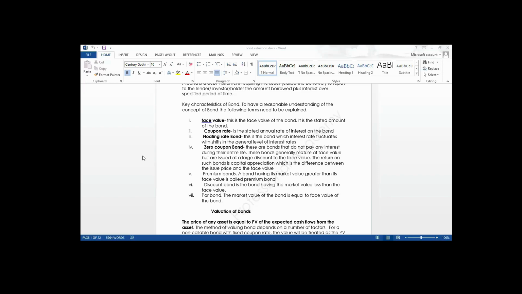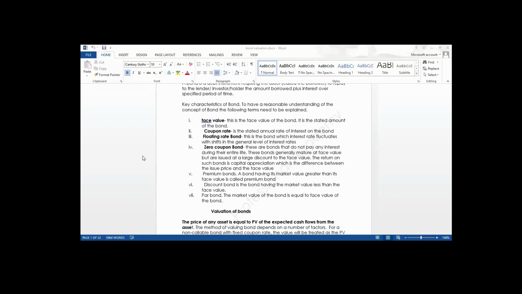Please remember, your valuation will be from the perspective of the investor. If you want to invest in company bond, what are the cash flows you expect from that bond? The annual interest receivable on the bond from year one to maturity. Then cash flow number two, redemption value of the bond at maturity.